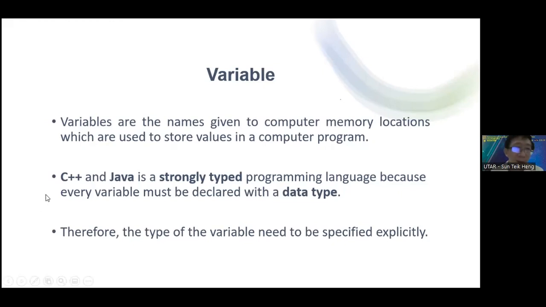So C++ and Java are strongly typed programming languages. Now, when you talk about strongly typed, it means that when you declare or create a variable, you must mention what type of data that variable can store.